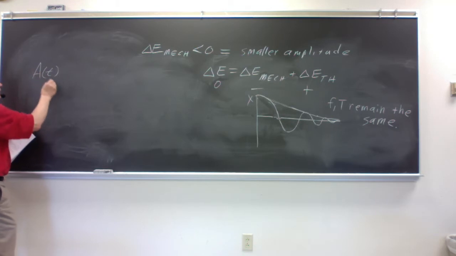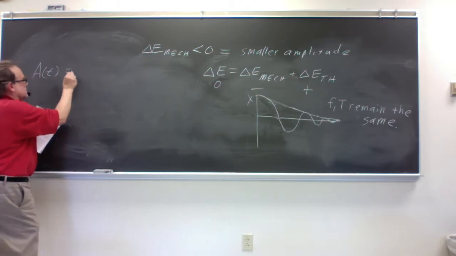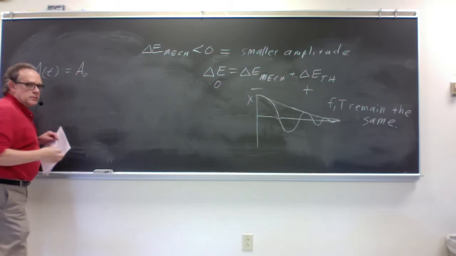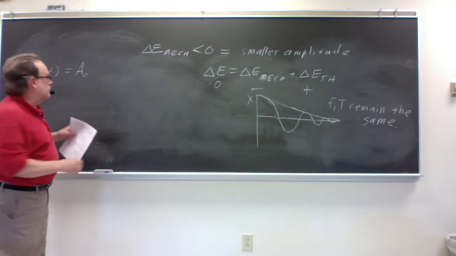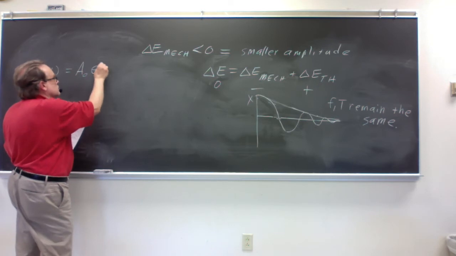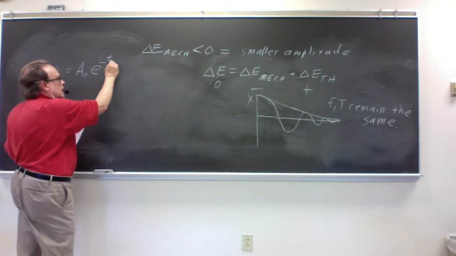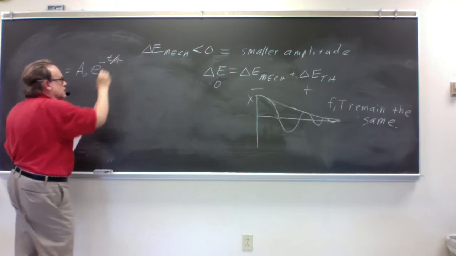Amplitude at any particular time is some constant. I'll call it amplitude 0, and there's a reason I call it that, times e to the minus time over tau.